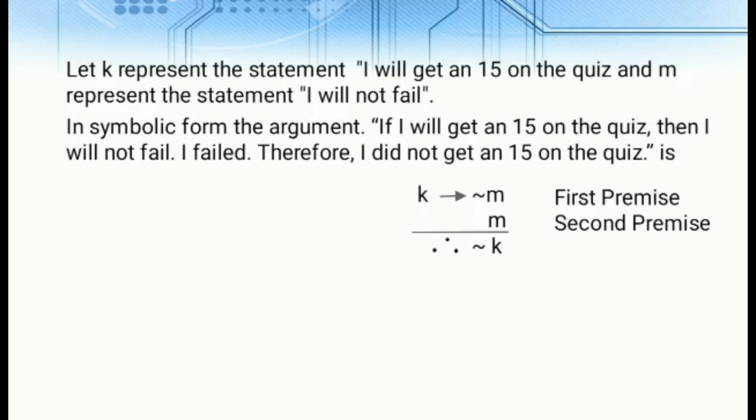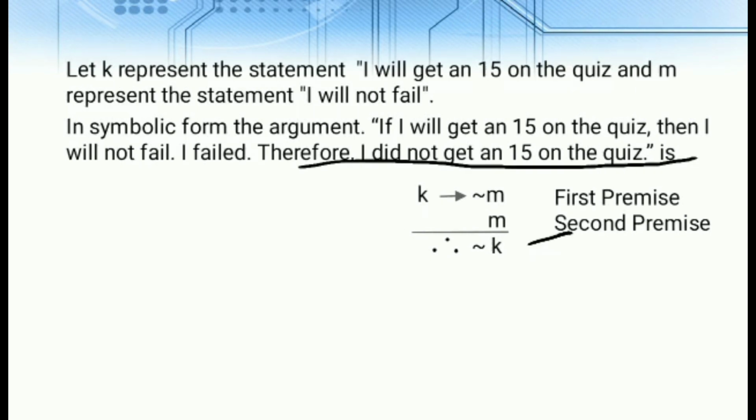So here we have the first premise: if I get a 15 on the quiz, then I will not fail. The second premise: I failed. And the conclusion: therefore, I did not get a 15 on the quiz.